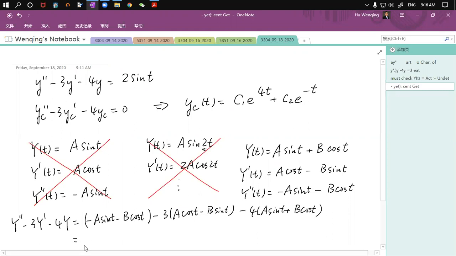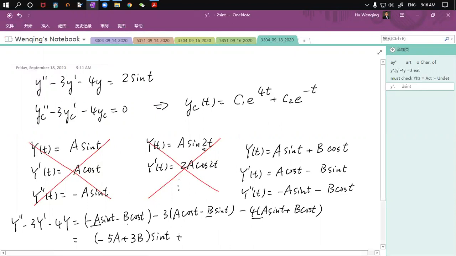So in the end, you have sine t. How many sine t do you have? There's a minus a, there's a minus 4a, so that's minus 5a, and plus 3b. Remember, there's a minus 3 multiplied by minus b, multiplied by sine t. And then you have cosine t.